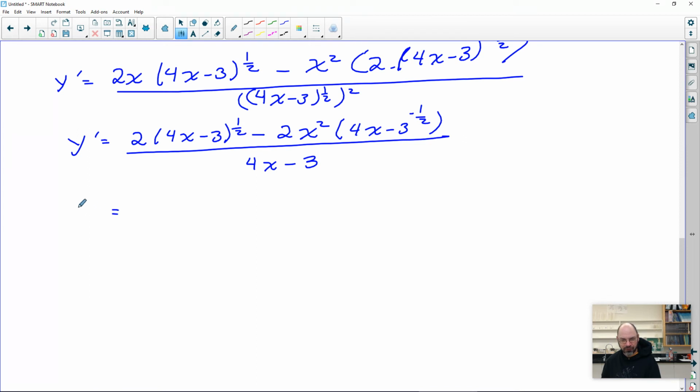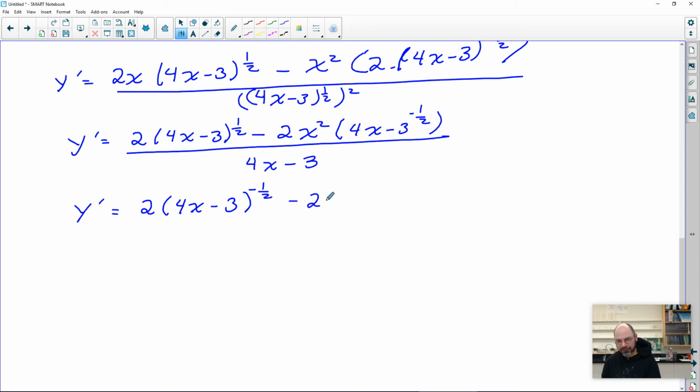So you could write this as 2 times 4x minus 3 to the 1/2 subtract 1, for the half there and the 1 exponent there, is negative 1/2. So that gets rid of this on the bottom. But if you do that over here, you've got to do that over here.